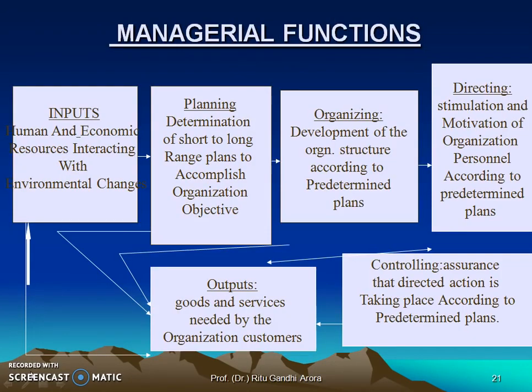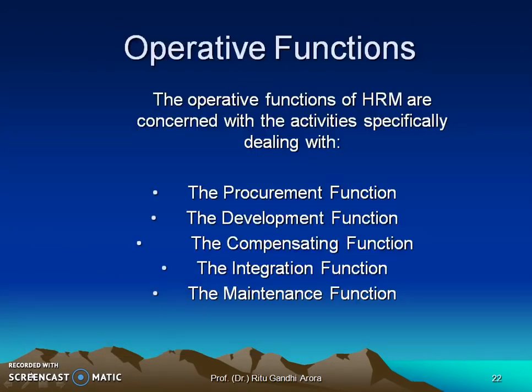Specifically, human resource management performs five basic types of functions which are called operative functions. They are the main functions of the human resource department of an organization. First, we have the procurement function, then development function, compensation function, integration function and maintenance function.